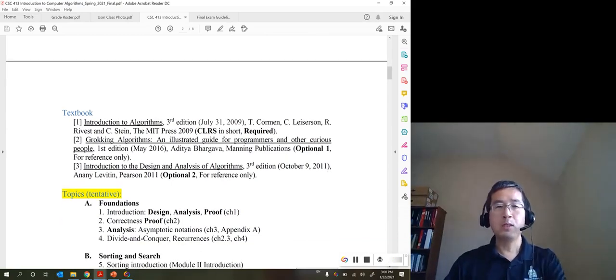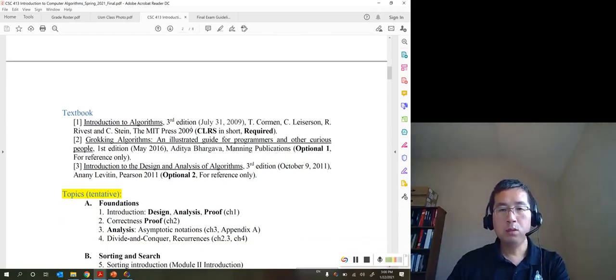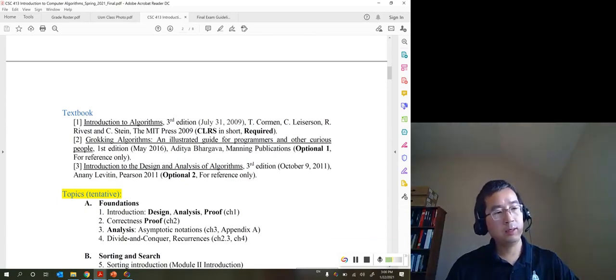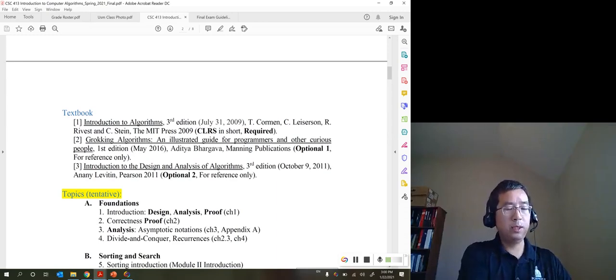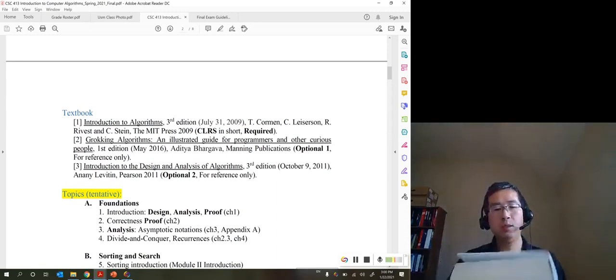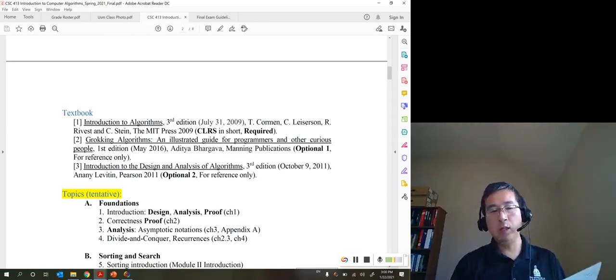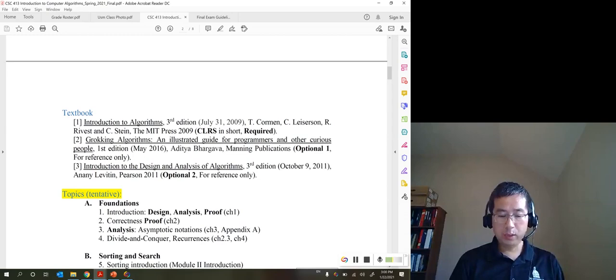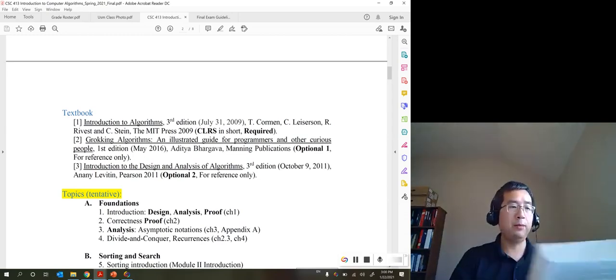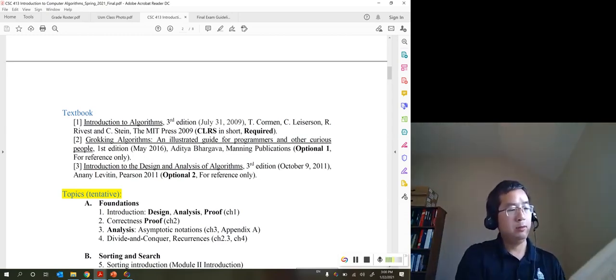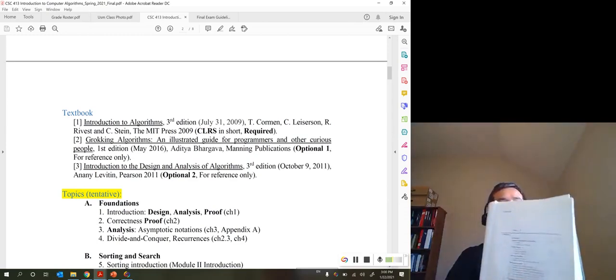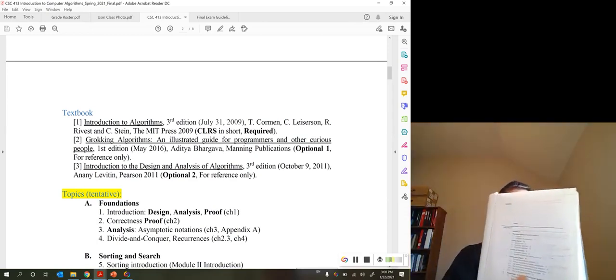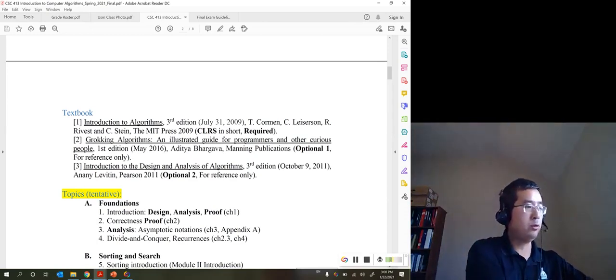Okay. So this is a thick book. I don't expect you to read from page 1 to the end. Even for me, I haven't finished all of it. But I will ask you to read the book for the chapters we have covered. For example, chapters 1, 2, 3, the initial chapters, because they are important for you to have a thorough understanding.